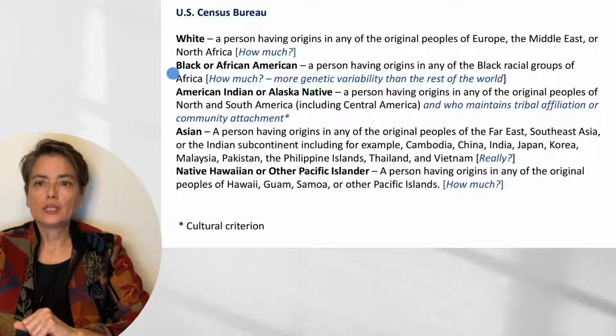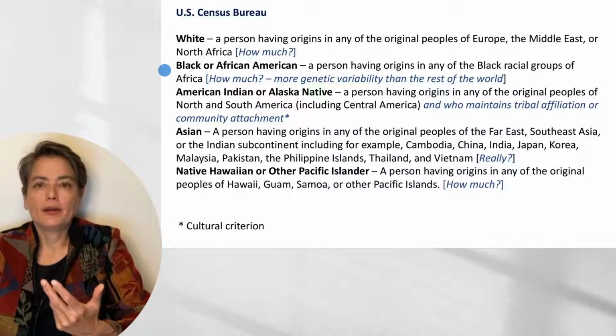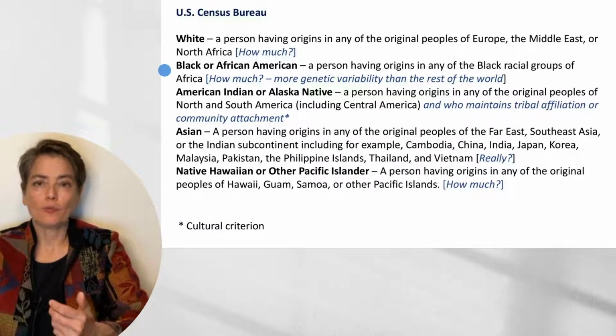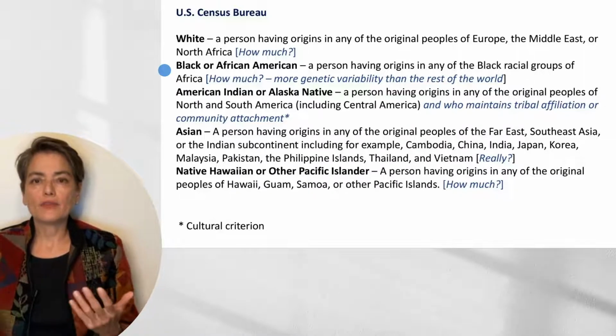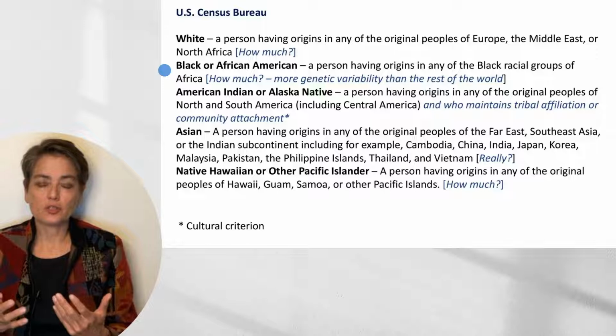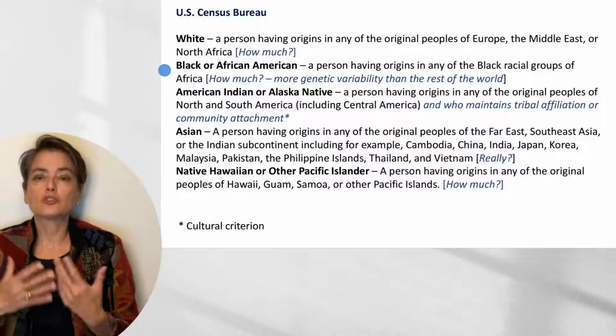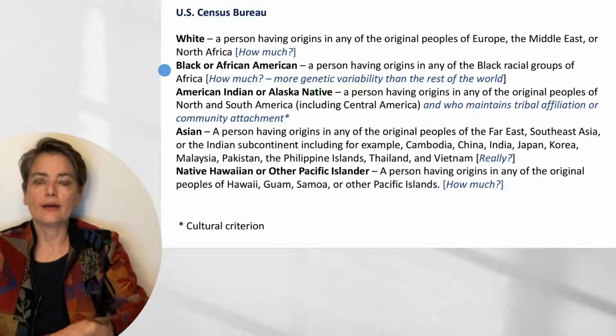The other issue to keep in mind, and this is going to come up again and again, is there's more genetic variability in Africa than the rest of the world. So if you look at an African American whose ancestry is from Western Africa and someone from Eastern Africa, you cannot think that they have substantial genetic overlap because there is so much genetic variability in Africa.